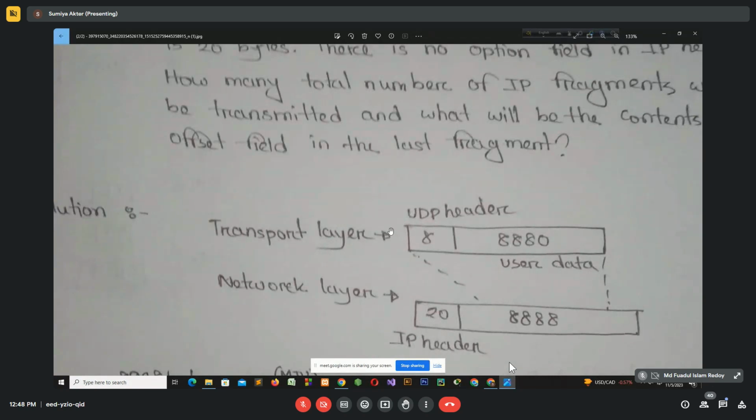So when we will transport data to the network layer, this whole thing, UDP header and this user data, will be added together, and this will be sent to the network layer, and will be our data. Now, in the question it is mentioned that IP header will be given, and IP header is our 20. Do you understand it? Yes, thank you.